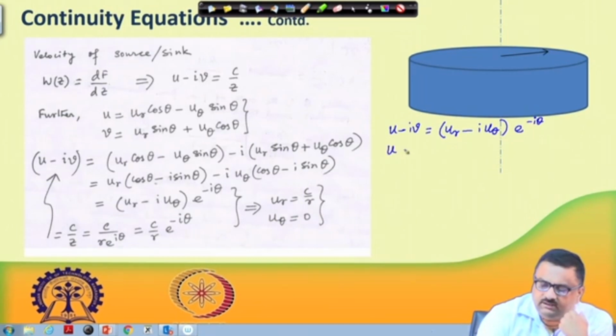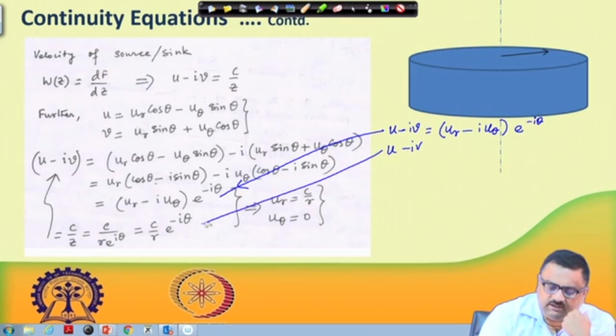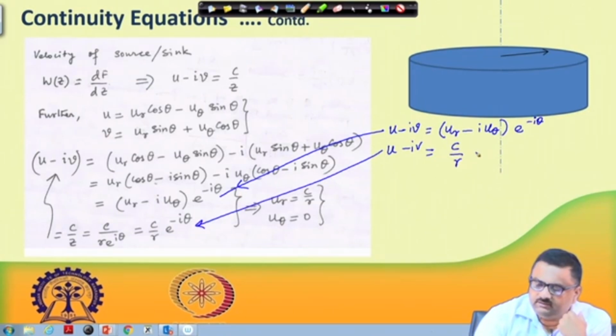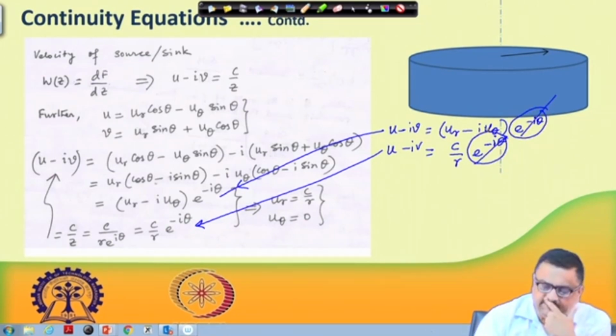On the other hand, you are getting u minus I v as equal to c by r e to the power minus I theta. So, if these are to be equated, then this e to the power minus I theta and this e to the power minus I theta cancel out.